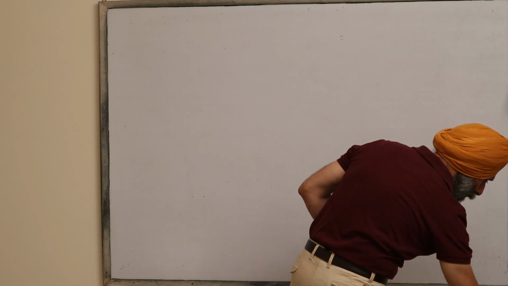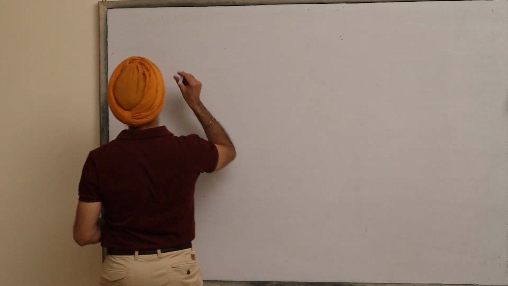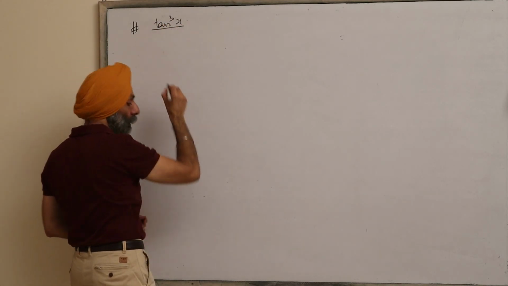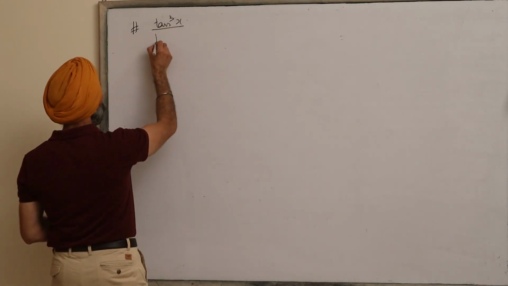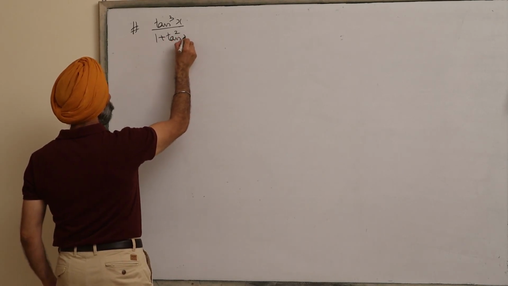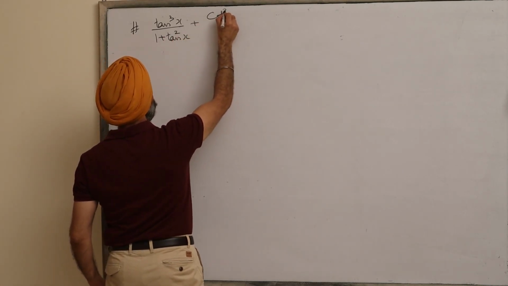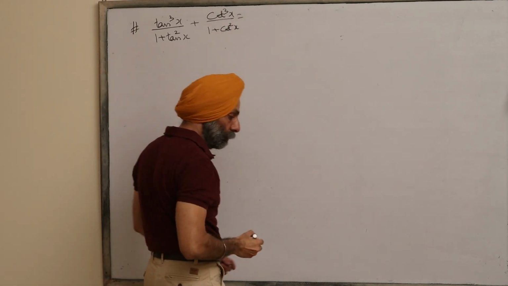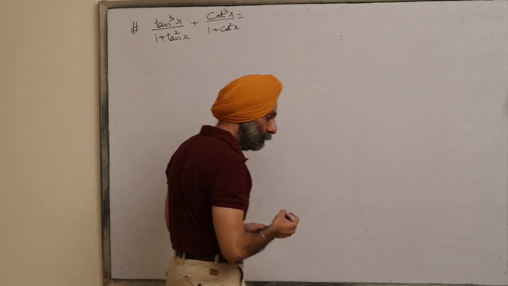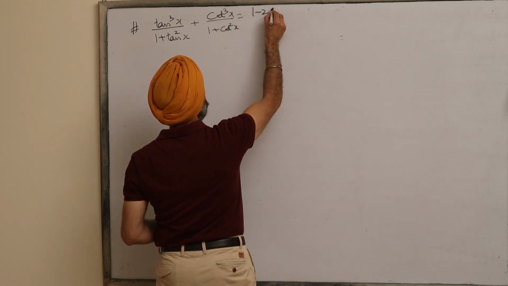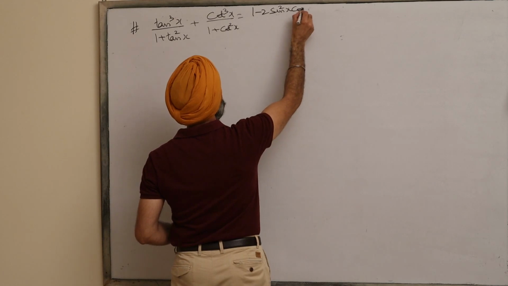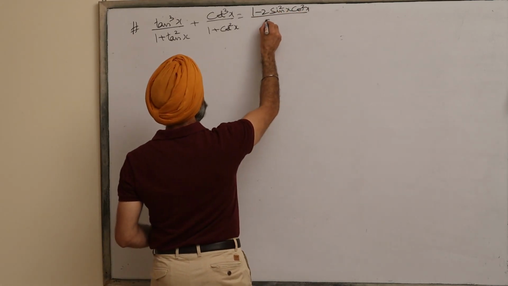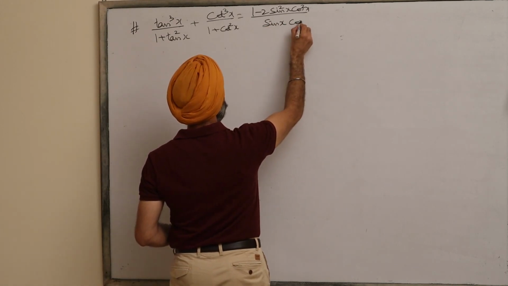Now next question is tan cube x upon 1 plus tan square x plus cot cube x upon 1 plus cot square x, and what we have to prove here is 1 minus 2 times sin square x into cos square x upon sin x into cos x.